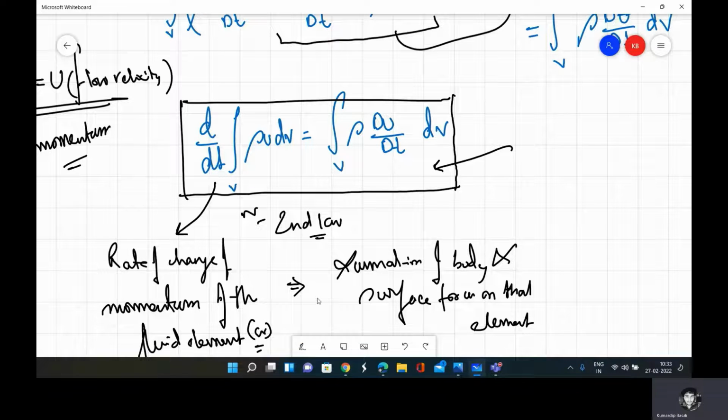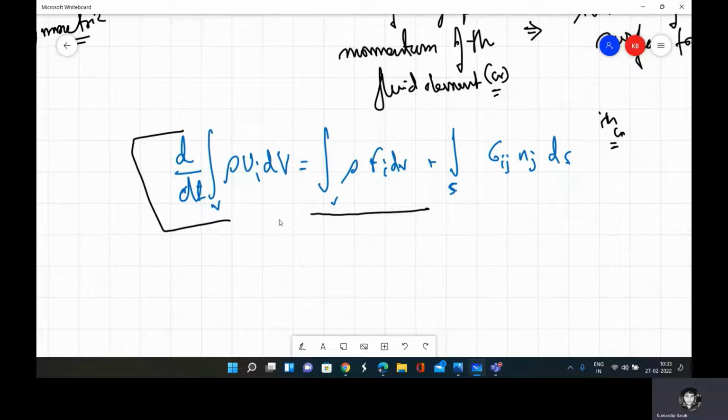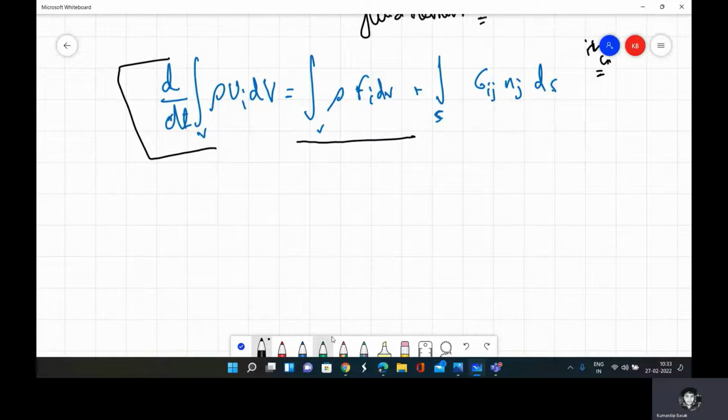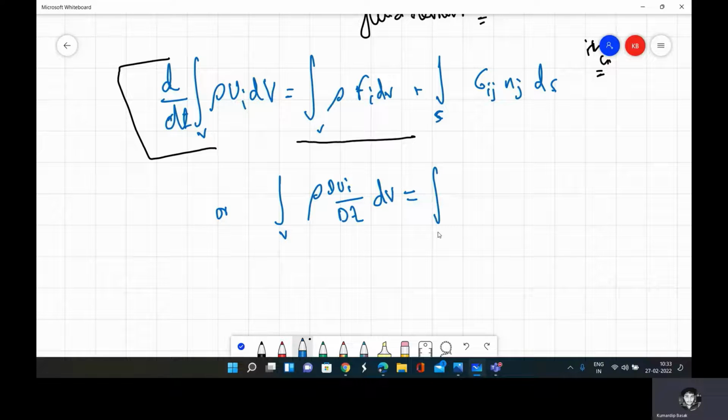We substitute this in the equation and we get volume integral rho dui by dt dV equals volume integral of rho fi dV plus volume integral of dou sigma ij by dou xj dV.